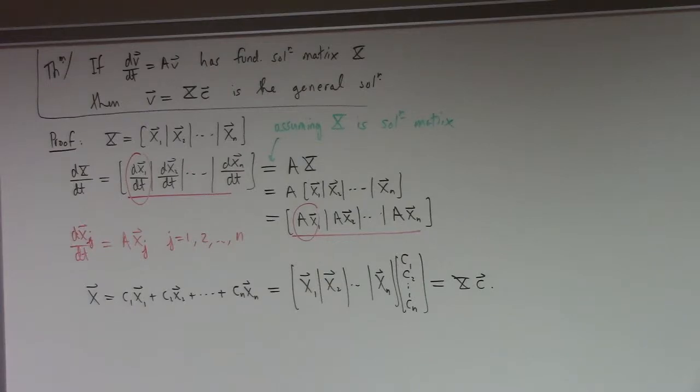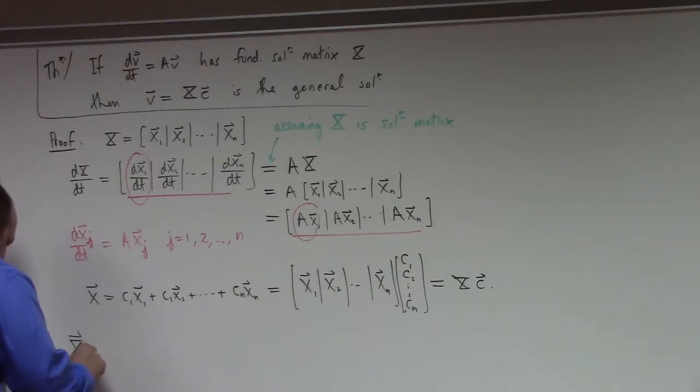So we have choices in terms of notation. We can either say the general solution is this linear combination c1x1 plus c2x2, and so on, plus cn xn, or we could say it's the fundamental solution matrix times a vector of constants. These are just two different notations for exactly the same idea. All right? So I want you guys to tell me, what is this?